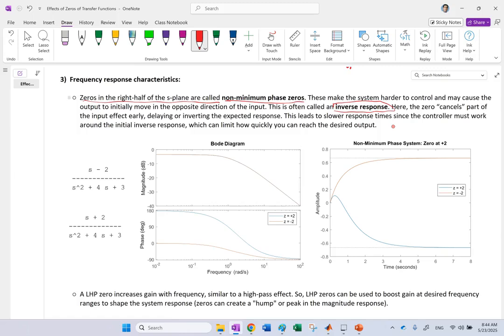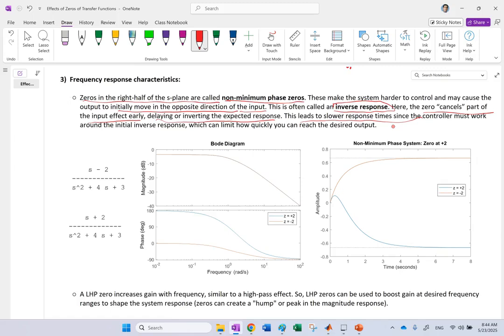Initially, your output will move in the opposite direction of the input before it moves in the direction of the input, because the zeros cancel some parts of the input effect early on, delaying the actual expected response. So this causes the system to act a little bit slower, because first it goes in the opposite direction, then moves in the direction of the input.